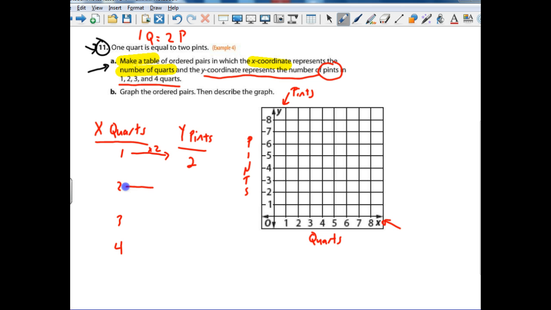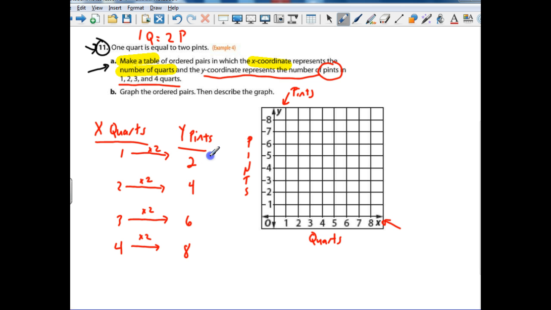What if I had 2 quarts? Well, for each quart you've got 2, so you have to double that. 2 quarts would give you 4 pints. And if I had 3 quarts, multiply that times 2, and you'd have 6 pints. 4 times 2 would be 8.